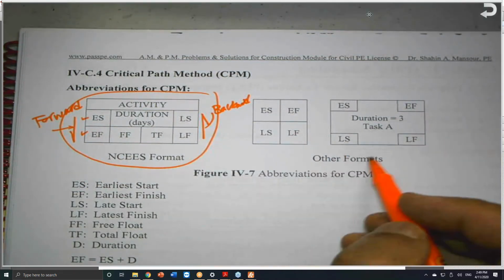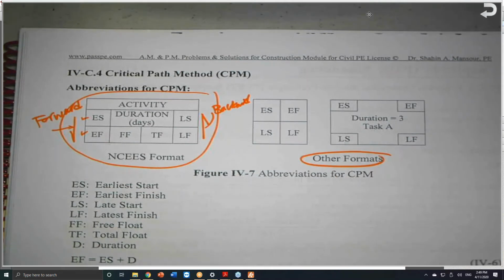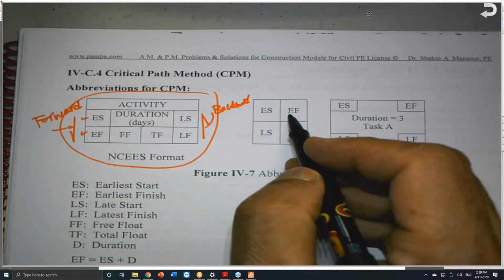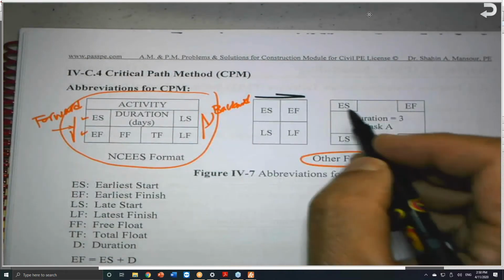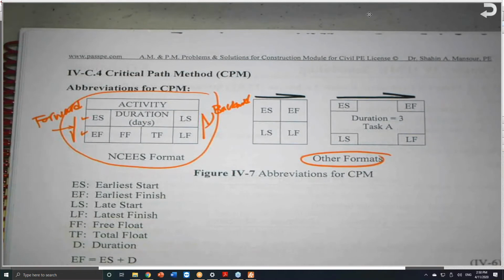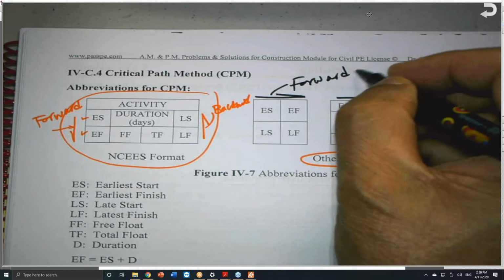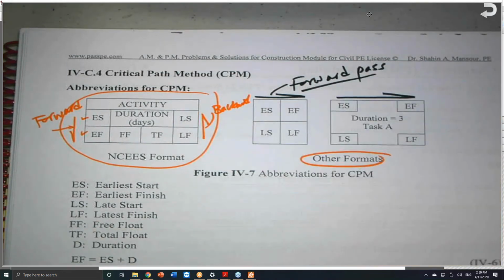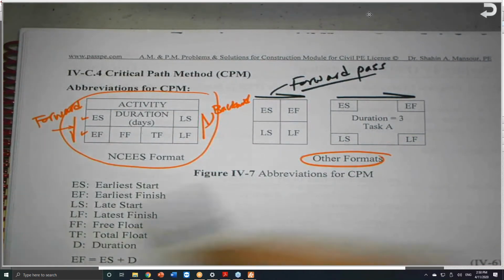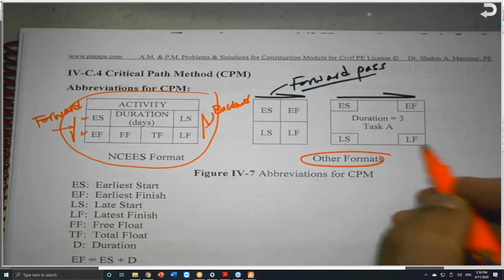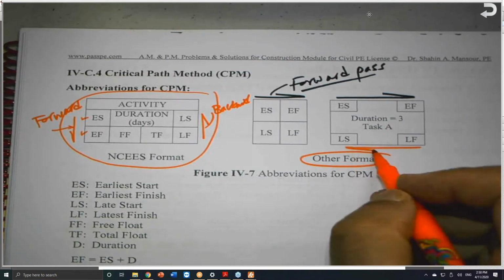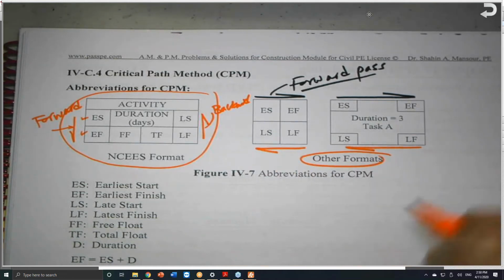If we are using other formats like this, they put it horizontally, where the early start, early finish go horizontally like this. This is called the forward pass. The forward pass relates early finish with the early start. And the backward pass is this one here.